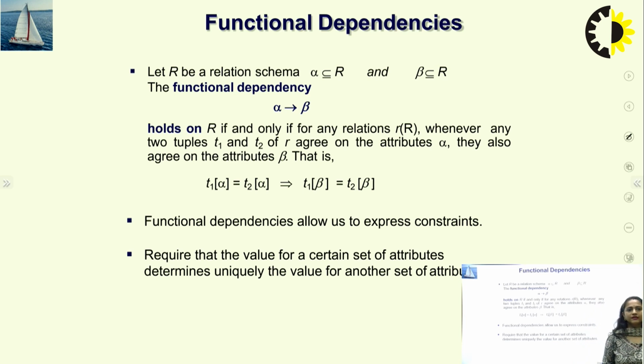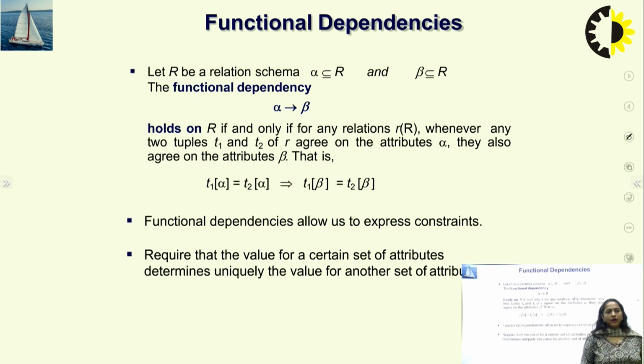So first understand this functional dependency. Basically this allows us to express the constraints, whatever constraints we have for the attributes. Suppose R is the relational schema and alpha tends to beta. So this is an FD.